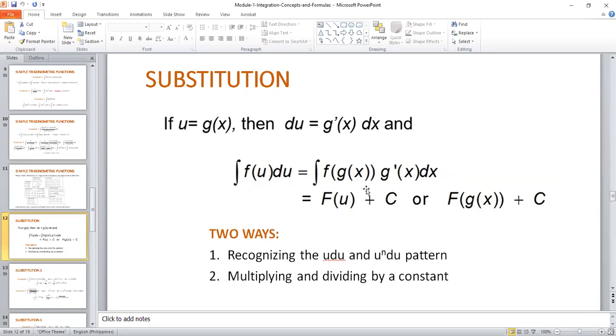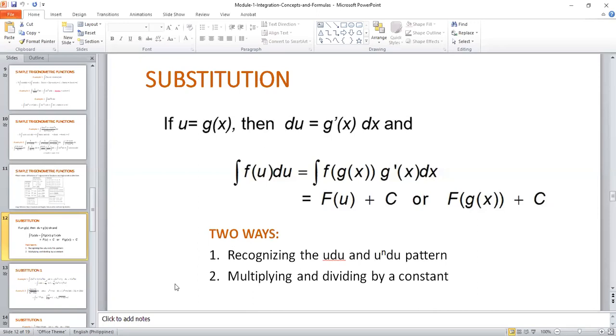Since the derivative of your function is already multiplied to it, you can now write the integral of that function. That would be generally represented by capital F of u plus c, where F of u is equivalent to F of g of x plus c.